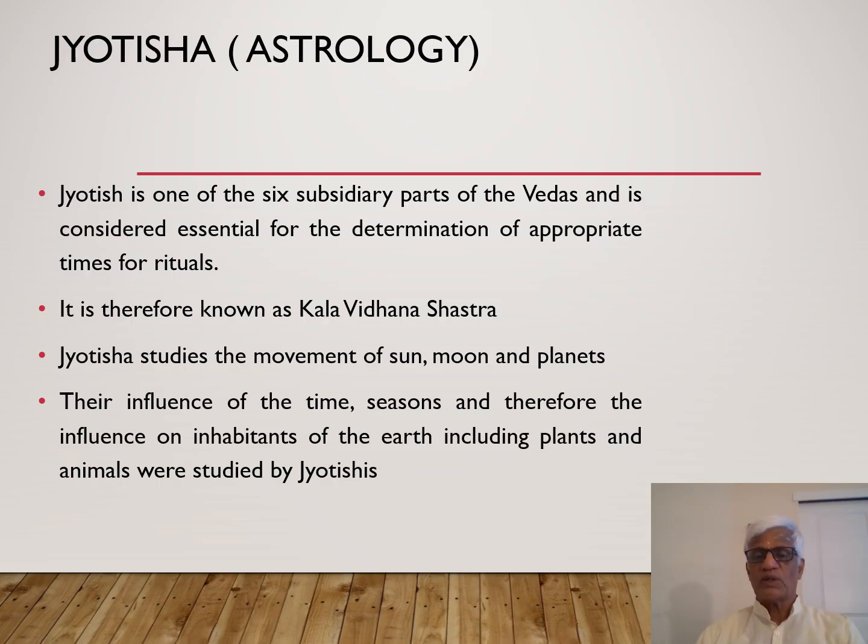This is how astrology has developed into finding out the relationship between human beings' behavior, their activities, and the connection of the planets and the sun and the moon to these.